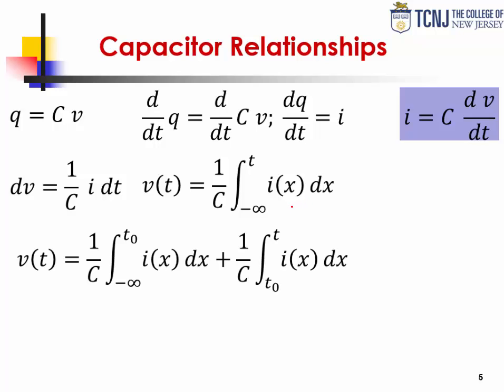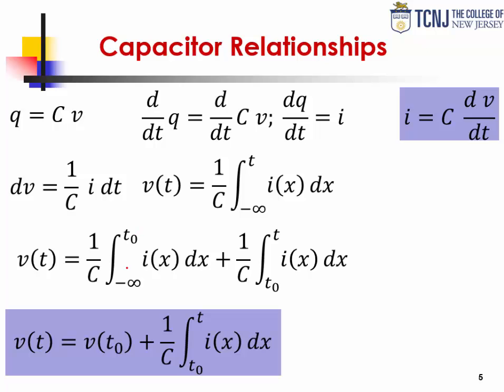And if we know that the voltage at certain time zero is equal to a certain value, then we can say that the voltage across the capacitor is that initial value plus 1 over the capacitance times the integral of the current from the time zero when we started observing that current to certain time t.